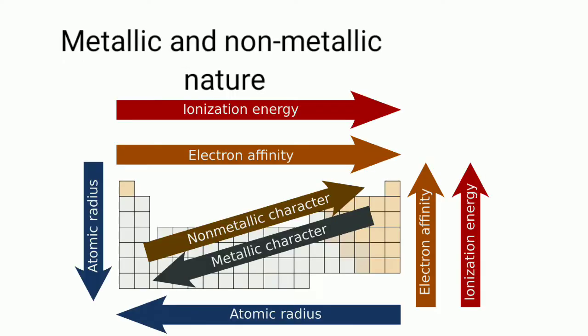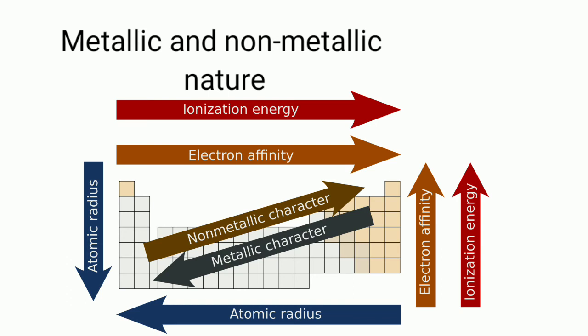Next trend, metallic and non-metallic characters. Metallic and non-metallic characters depend on how an element will lose their outermost electrons. So as we move down the group, metallic character will increase because as atomic radius increases, force of attraction between nucleus and outermost electron will decrease.